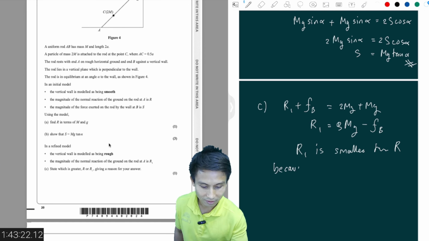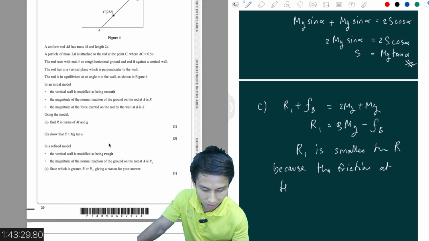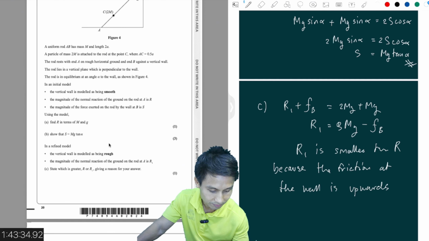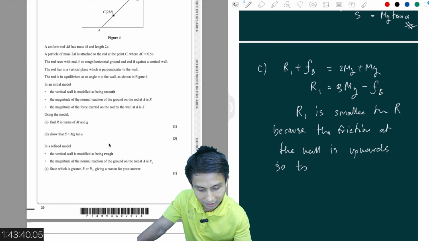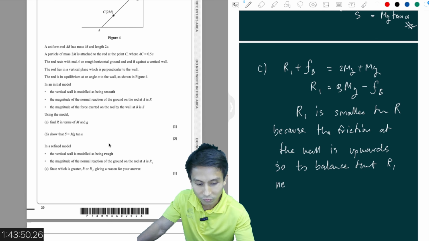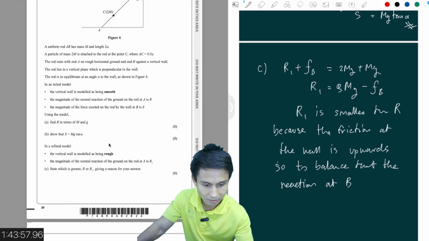Do we have to reason? Because the friction at the wall is upwards, right? So to balance that, the R1 needs, we say in general terms here, the reaction at B, it was at A, right?